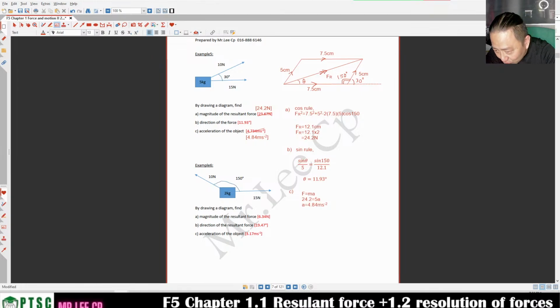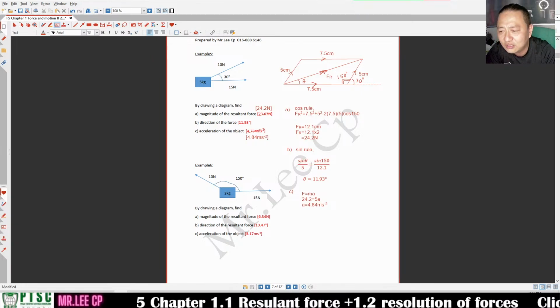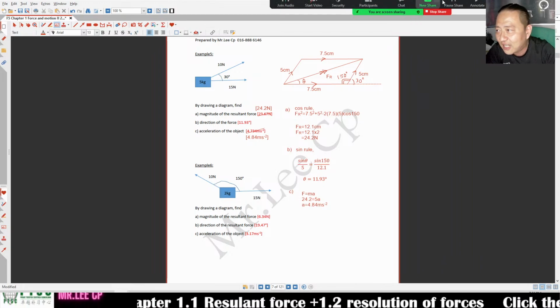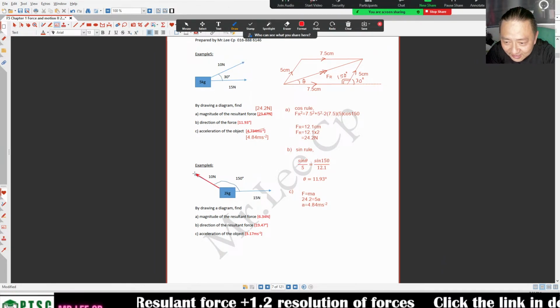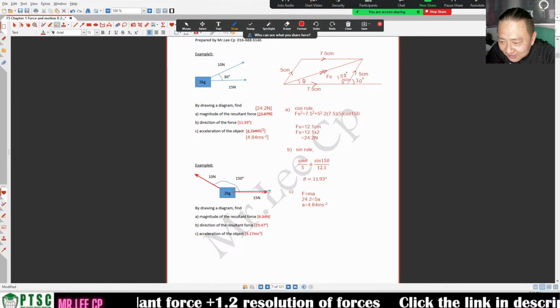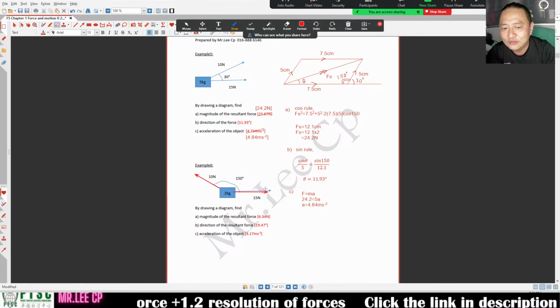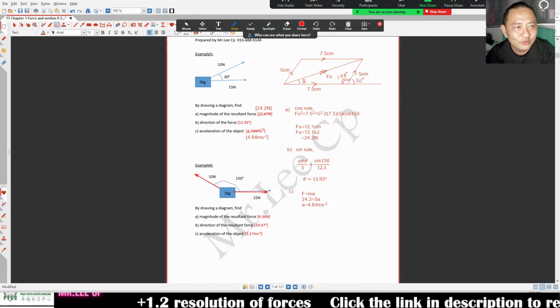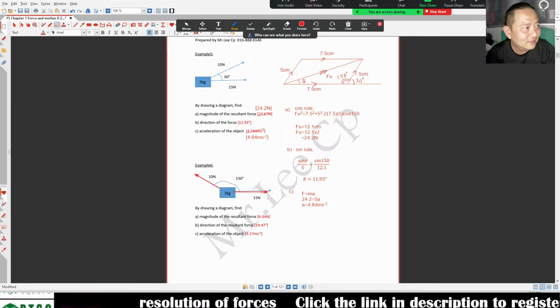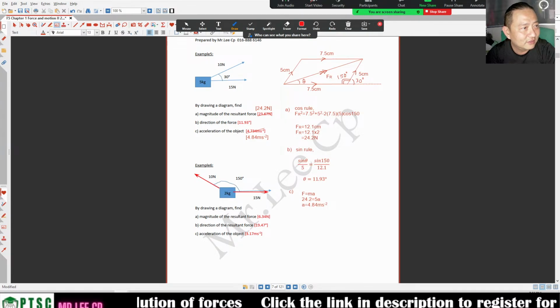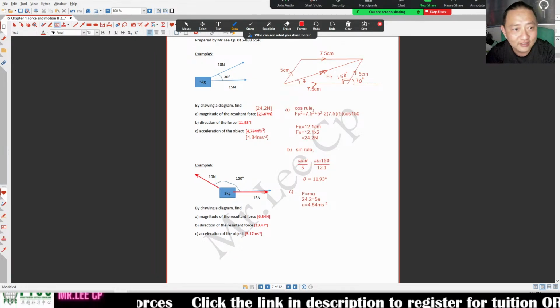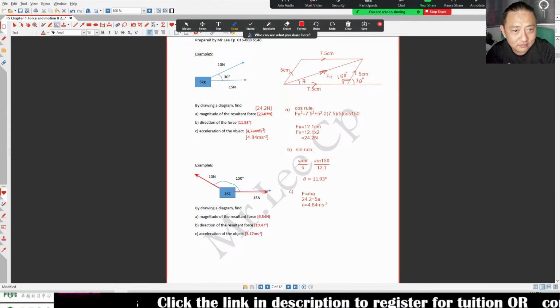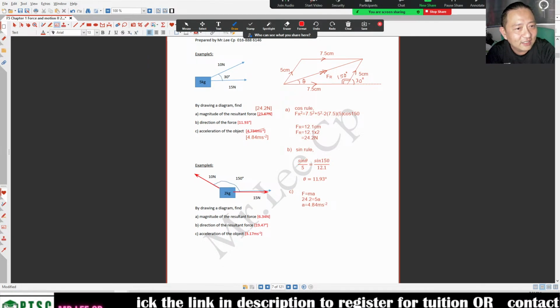Now you got a force pulling here, you tarik the tali, you pull. Where will it go? You can see, right? Where will it go? So, wow, macam-macam answer ada.